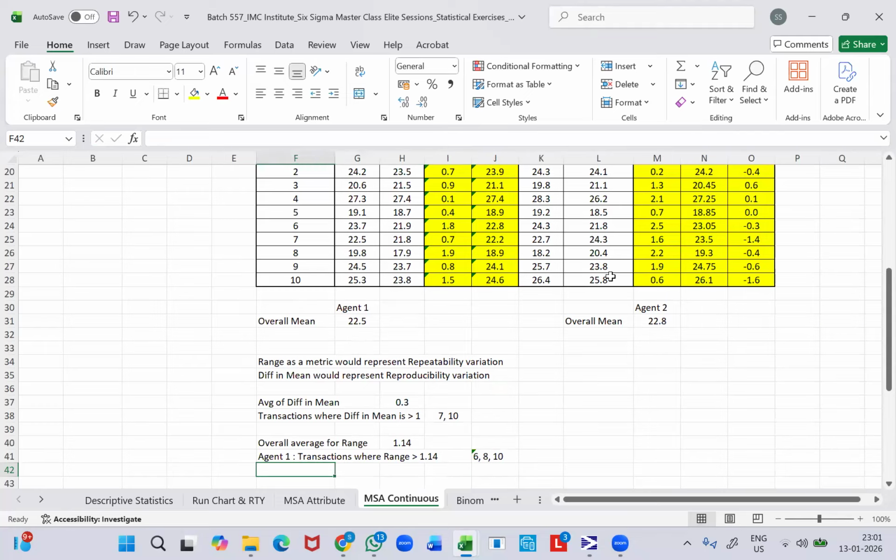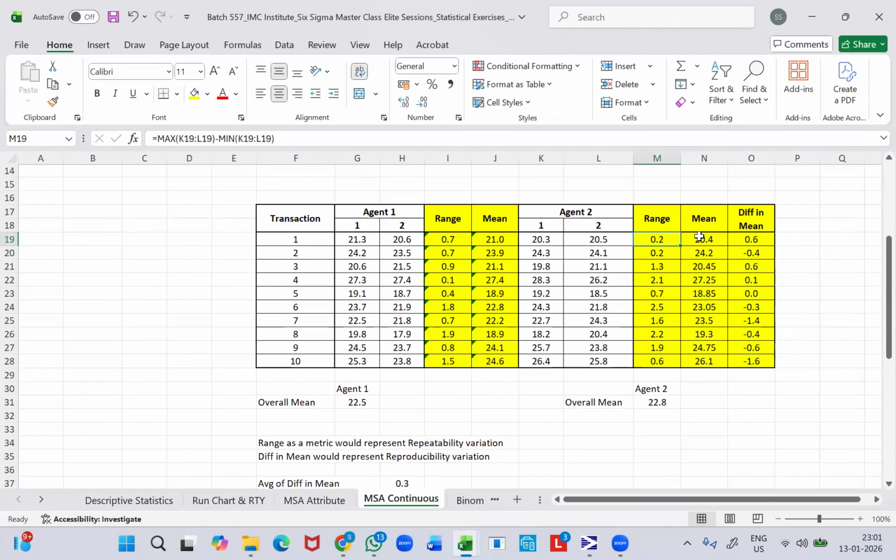Similarly for agent 2, let me find out how many transactions have a range value greater than 1.14. So let me look at the range values for agent 2. The first transaction is fine, second is fine. Third transaction, we have a range value 1.3. Fourth transaction, we have a range value in excess of 2. We didn't see any range value in excess of 2 for agent 1, but for agent 2 we are seeing 2.1.